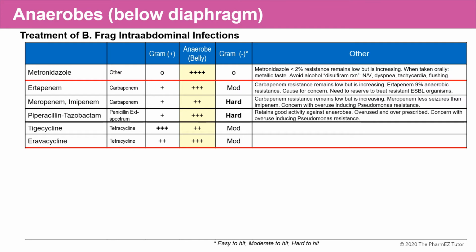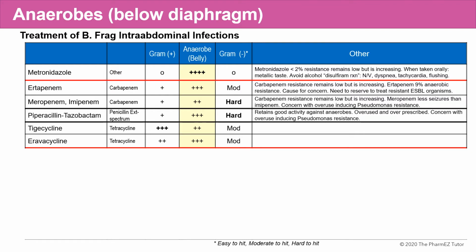ESBL, which is primarily treated with carbapenems. Penicillins and cephalosporins are not effective against ESBL. So you can see that we need to reserve ertapenem for ESBL and not use the antibiotic inappropriately or for unnecessarily long durations.